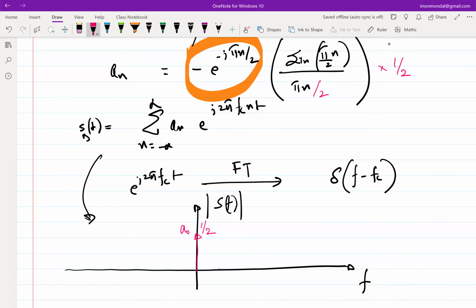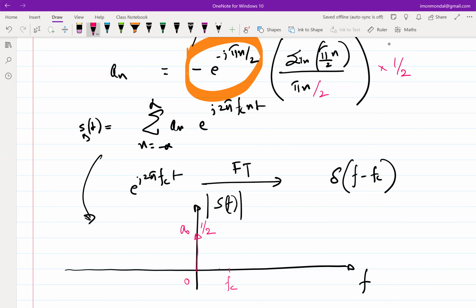Then what is A1? This is at 0. So A1 will be located at FC. What will be the strength of A1? So sine n pi by 2, n is 1. So sine pi by 2, which is 1, divided by pi n. N is 1.